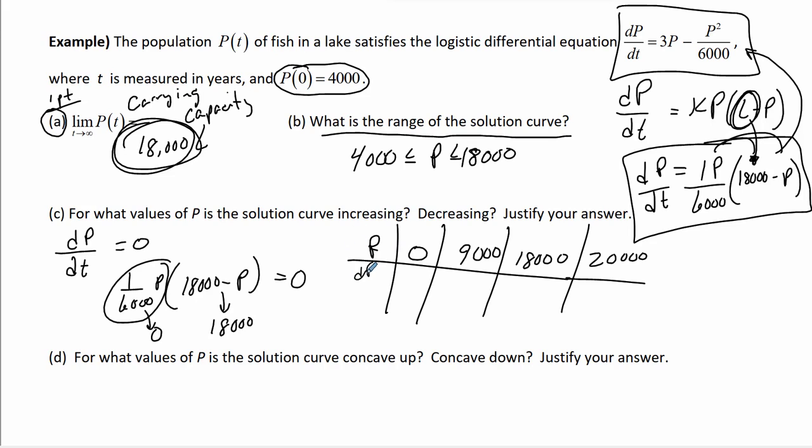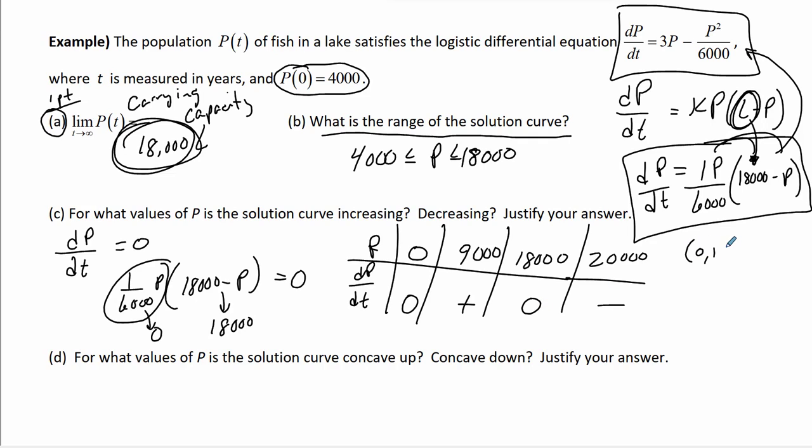So the dP/dt, this is our slope. At 0, we get 0, right? At 18,000, we get 0. At 9,000, if I plug it in, I'm going to get a positive value, and if I plug in 20,000 or anything bigger than that, I'm going to get a negative value. Okay. So what's going on? Well, the solution curve is increasing from 0 to 18,000.